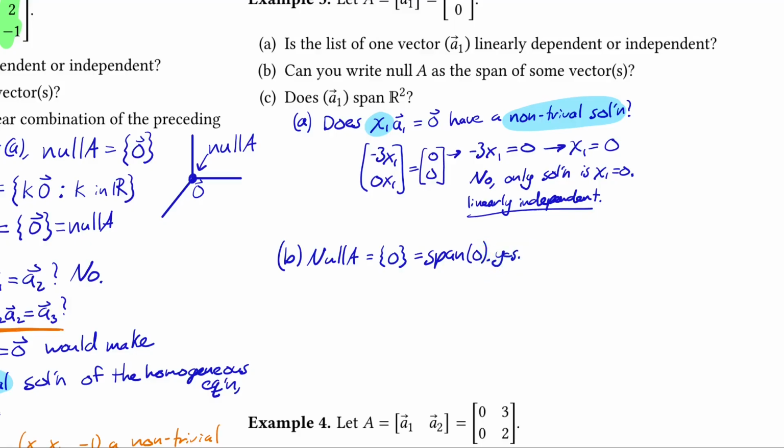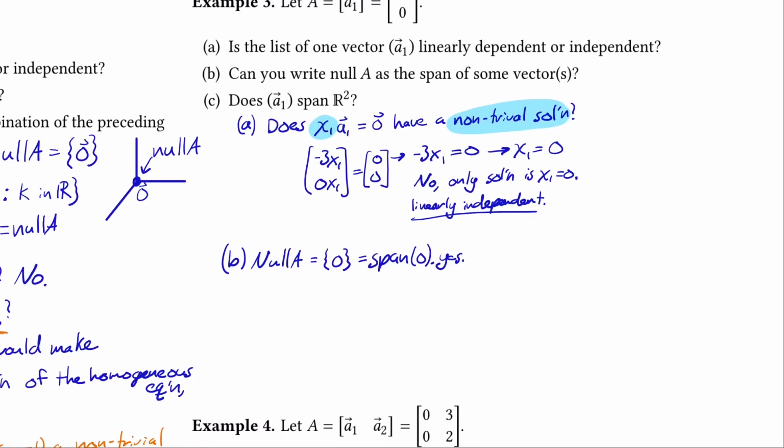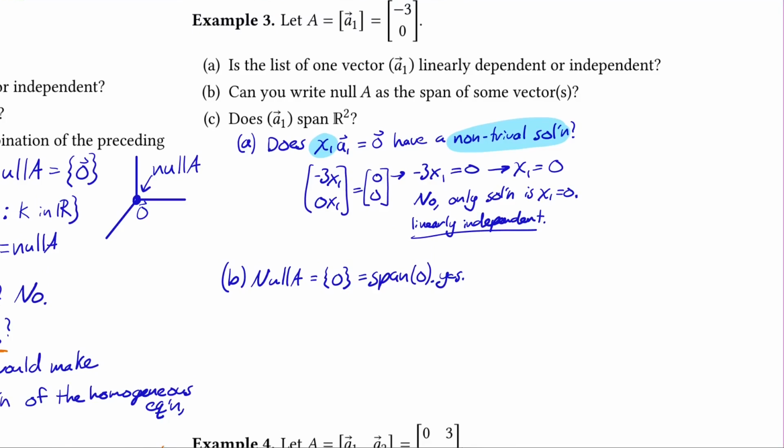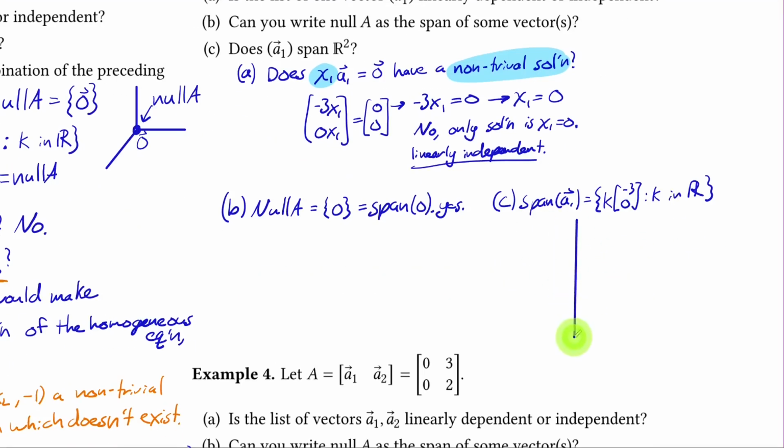Does A1 span R2? Spanning R2 means everything in R2 can be written as a linear combination of A1. Okay, here's negative 3, 0 over here. Here's that vector.